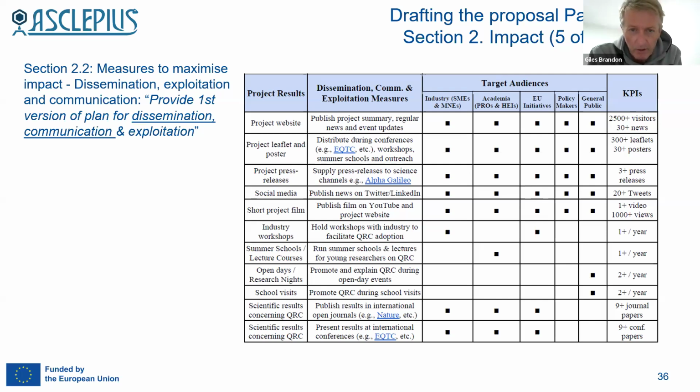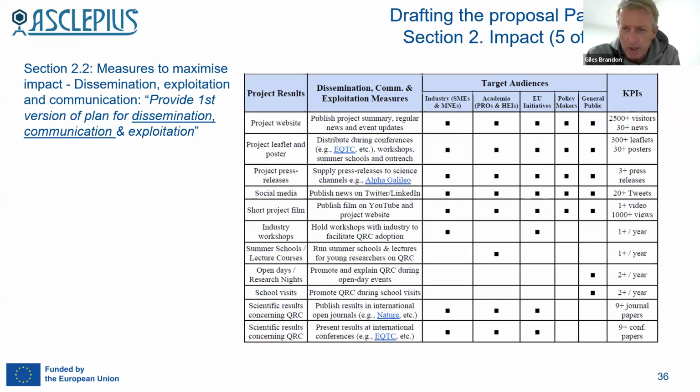Similarly, in the second column, some of the stuff looks rather generic, but every now and again I write in brackets e.g. and then give a specific example of a conference or a scientific channel or a specific journal. If you're doing a table like this, make sure you're referencing conferences and journals that are well known and relevant to your field of science and technology.